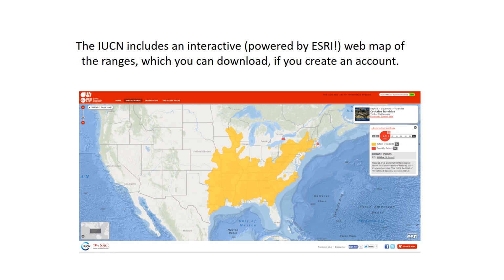So this is the timber rattlesnake again, the species distribution map. You can browse and pan and do all the normal things that you're used to doing with a web map. But if you create an account there, which is free, you can download the original data. So if you are a GIS student that's studying biology or environmental science, you may be interested in some of that data for a class project.